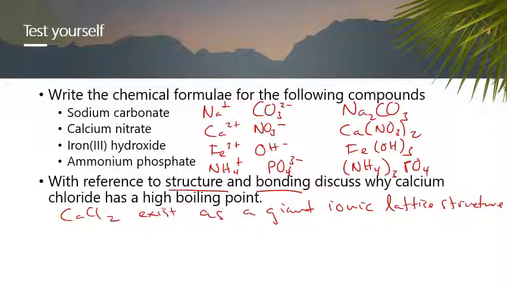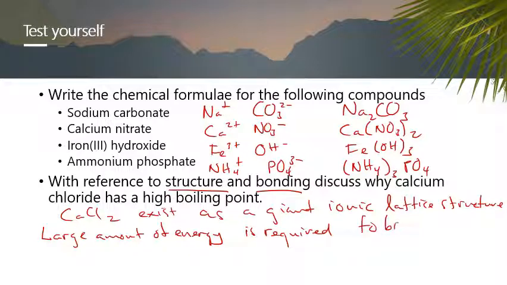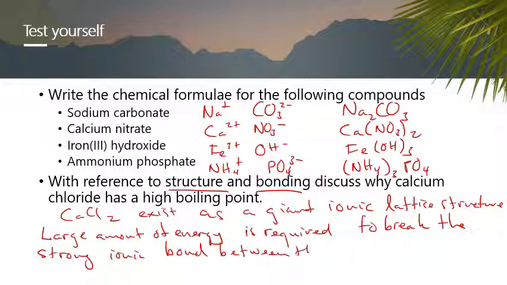So high boiling point means a large amount of energy is required to break the strong ionic bond between the calcium 2 plus and Cl minus ions.